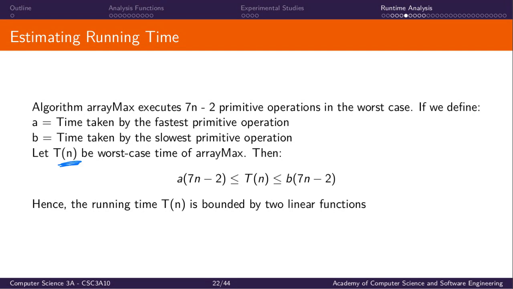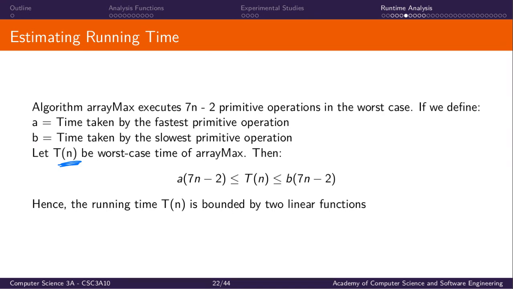And we realize that if all of these operations take a certain amount of time, then T(n) will be somewhere between the number of operations multiplied by the quickest time and the number of operations multiplied by the worst time. So the operation that takes the longest amount of time. It'll be somewhere between these two things.